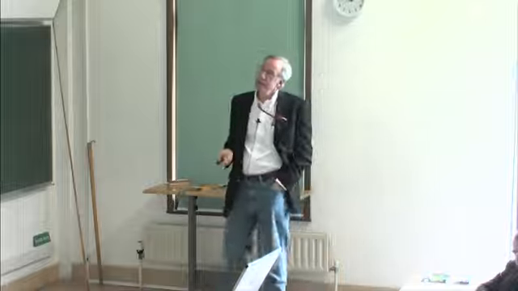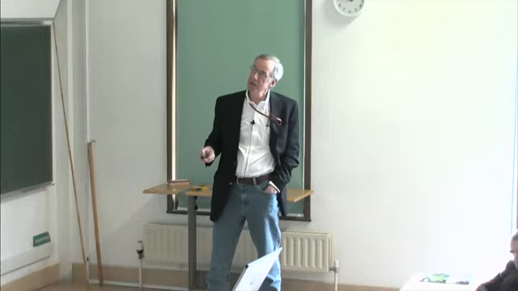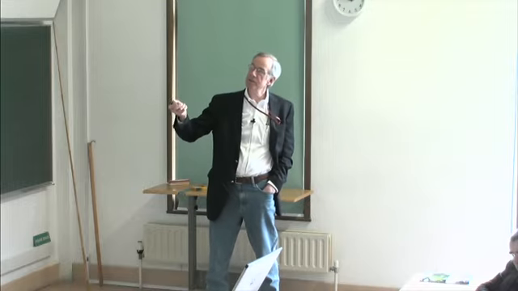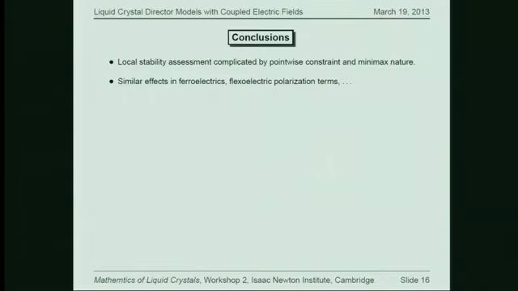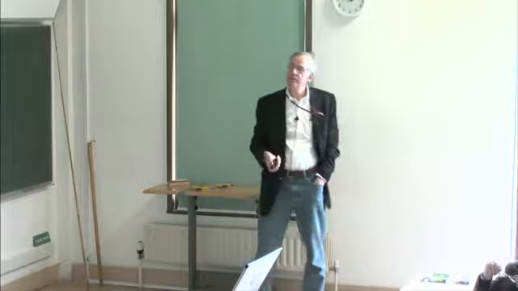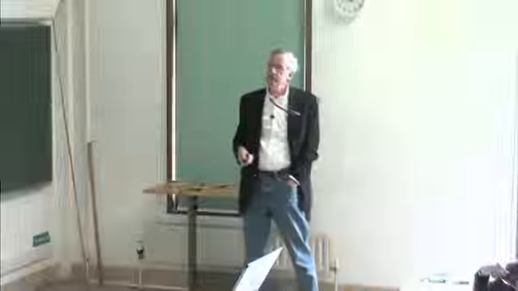You can include other things into the story. You can have a permanent macroscopic polarization. It'll couple linearly to the electric field, so it just enters in an additive way, but it can, in principle, have some effect on transition thresholds, as can polarization introduced via flexoelectricity.